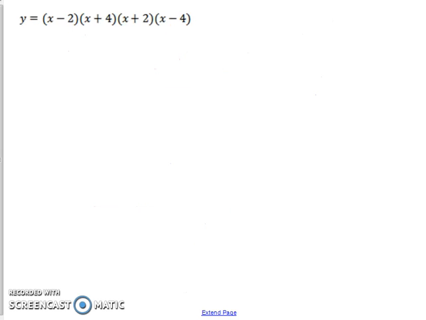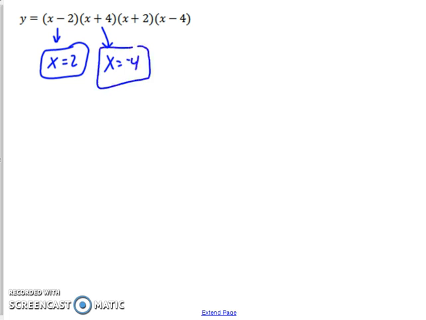All right, so let's look at this one now. Okay, so again, we're going to set this to 0, so we get 2. We're going to get negative 4. We're going to get negative 2. And then we're going to get positive 4.